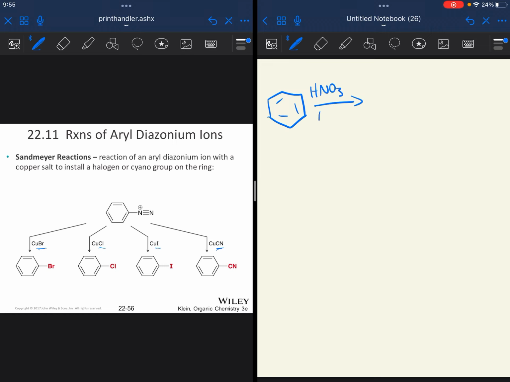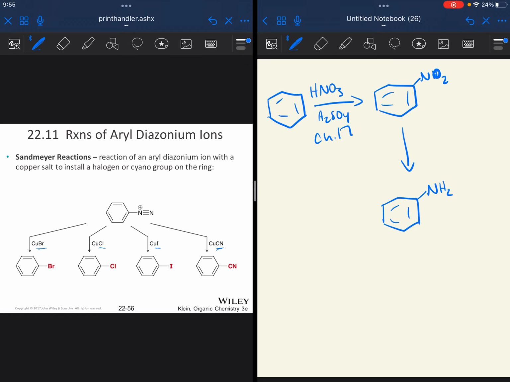First, we have to put on a nitro group, H2SO4. That's a chapter 17 reaction, right? That's going to make a nitro group. And then we can reduce that to an amino group, to aniline, with a number of different reagents.